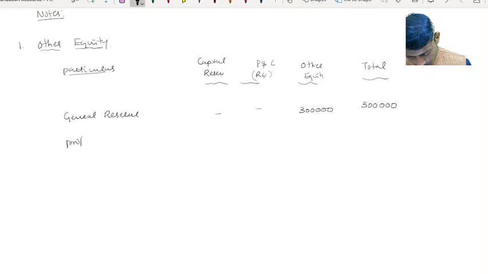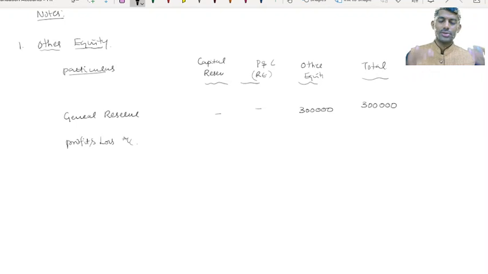Next, profit and loss account. It is nothing but opening balance, share from subsidiary. In a previous problem I presented it in detail. Here, since I already showed it in step number 8, I'm copying the balance from there directly. How much is P&L balance? It is 1,24,000.